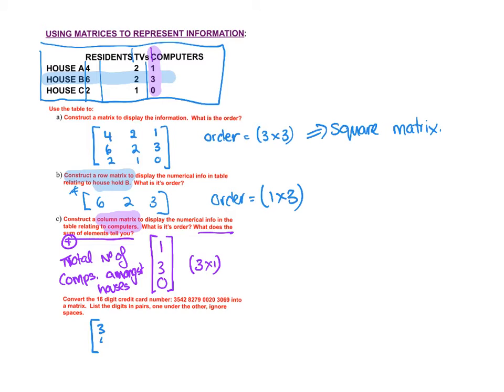So I'll write 3, 5, 4, 2, 8, 2, 7, 9, 0, 0, 2, 0, 3, 0, 6, 9. Okay, so what is the order of this one? 2, 8. Good, so 2 by 8. Couldn't you do a 4 by 4 numbers? Or is it because it's not asking for a square? It says one under the other, so we'll just do that.